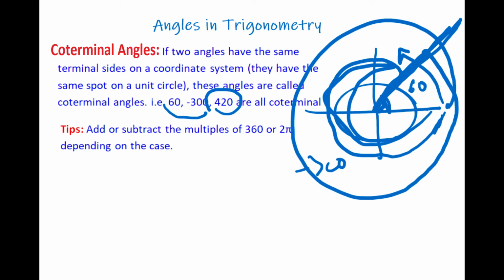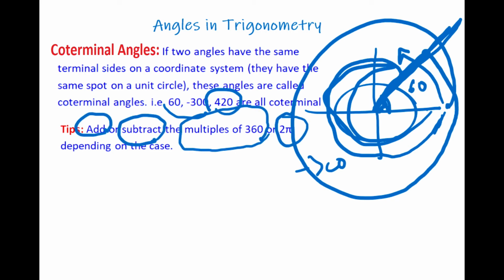So we can see that 420, negative 300, and 60, they are all the same angles actually, and those angles are called coterminal angles. And I have a tip for you guys. In order to find the coterminal angles, you can just subtract and add multiples of 360 and 2 pi in order to get the coterminal angles of an angle.